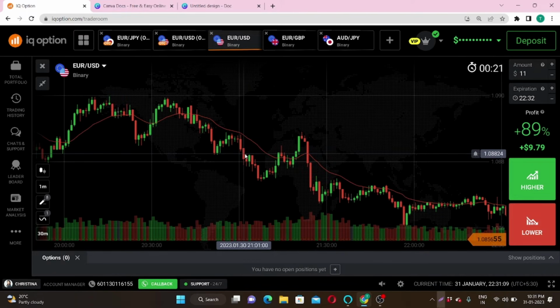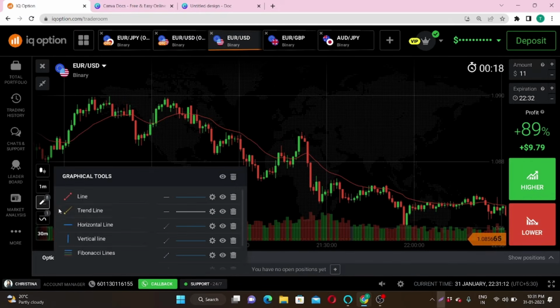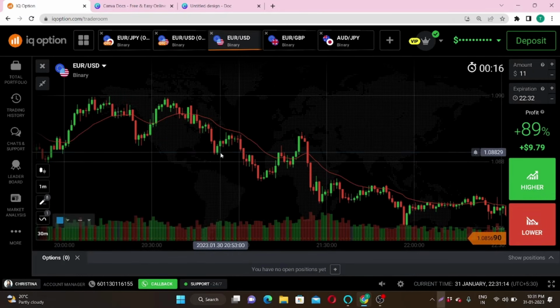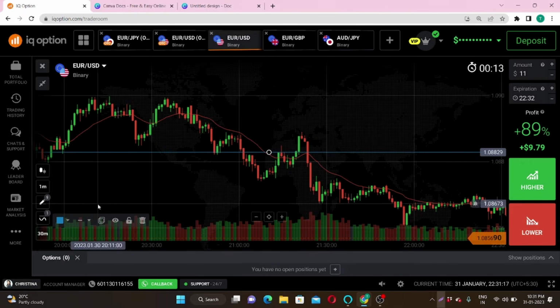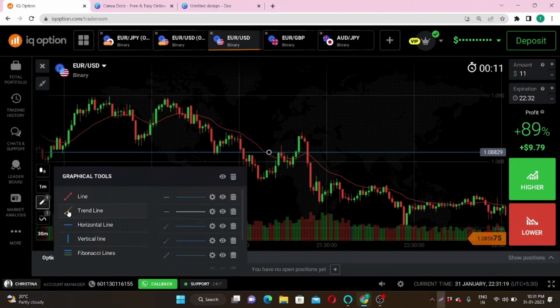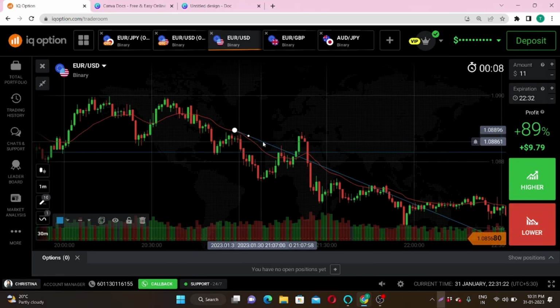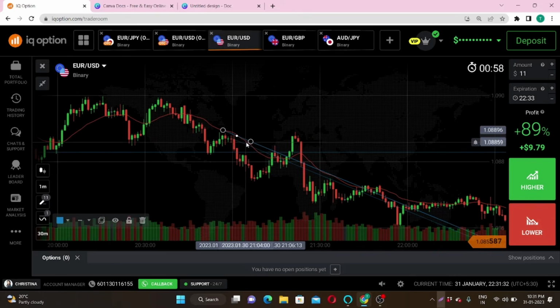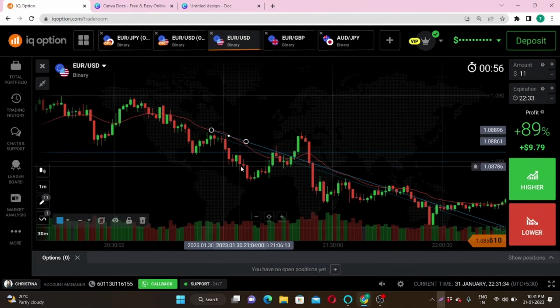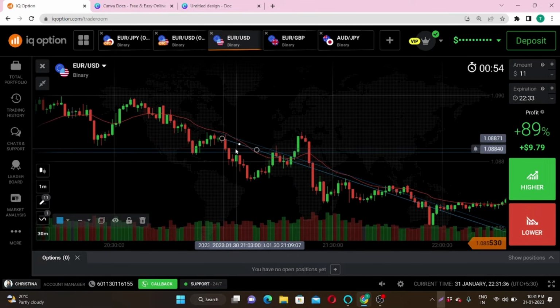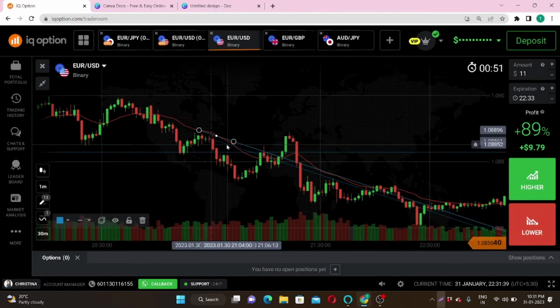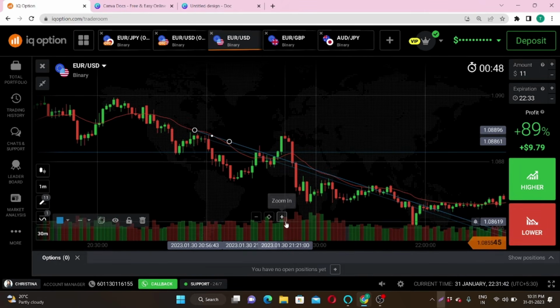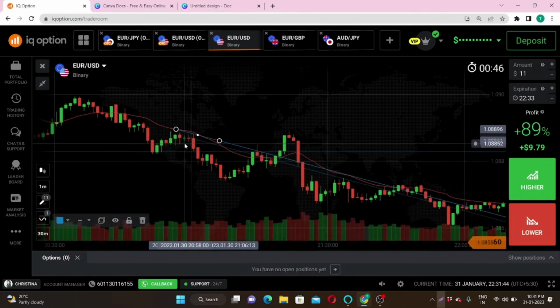Okay, so for an example, listen, here is a support become a resistance. Suppose I'm going to connect these two lines, right? I should connect these two lines. I'm going to take a clone. You have to wait.